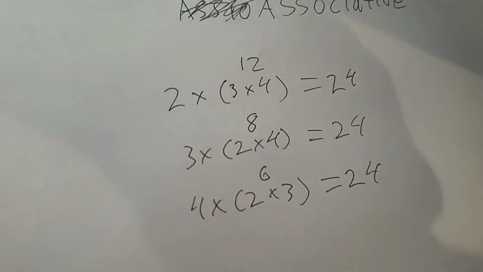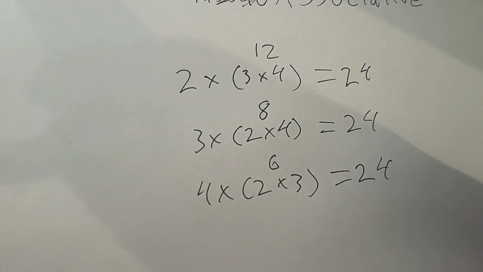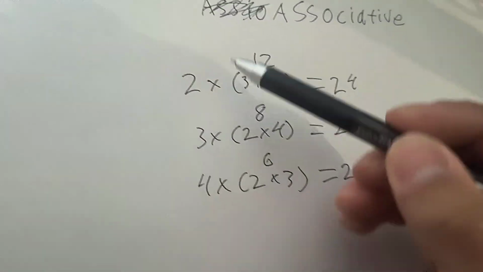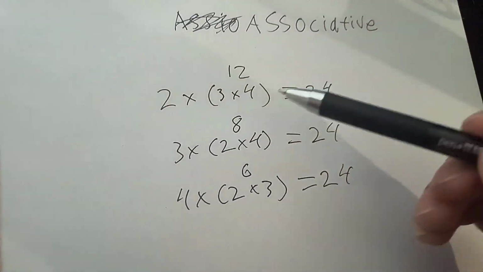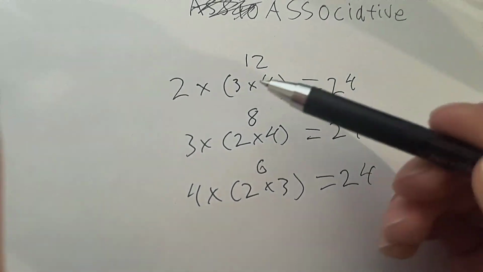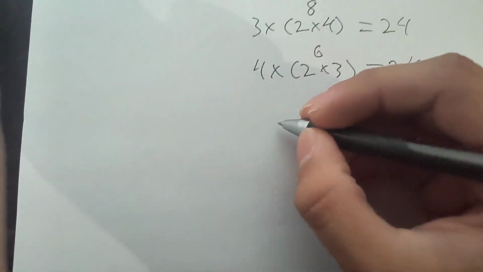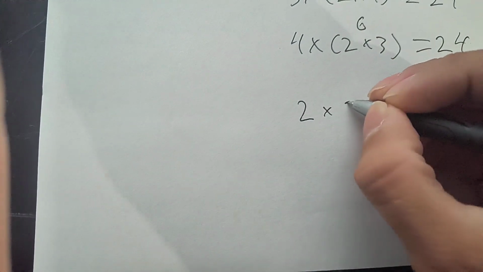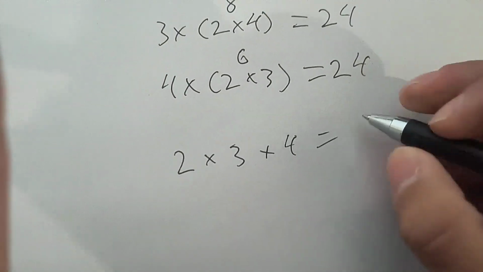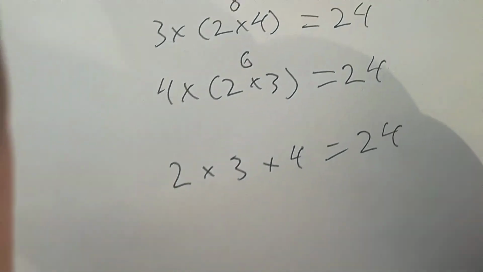So this is the associative property. The associative property says that if you switch around whichever ones are in the parentheses and whichever are out, it doesn't matter when you're multiplying like this. It equals 24.